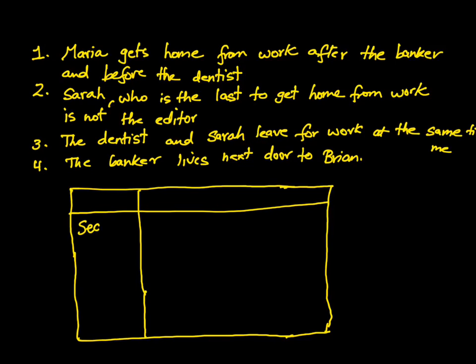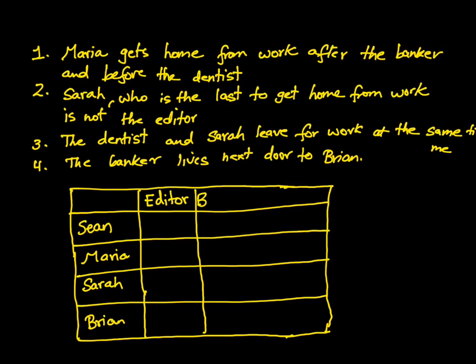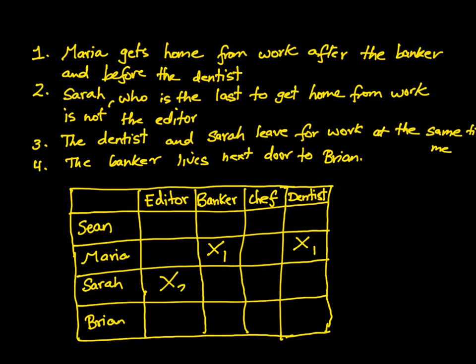So I'm making a chart. So we have Sean, Maria, we have Sarah, and then we have Brian. And then I'm going to make four columns: editor, we have a banker. Once we have this chart, all we have to do is put an X on the box that's cancelled out.